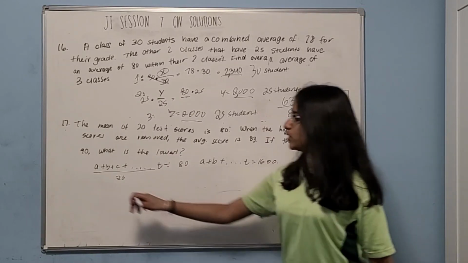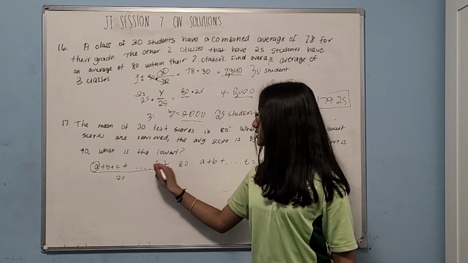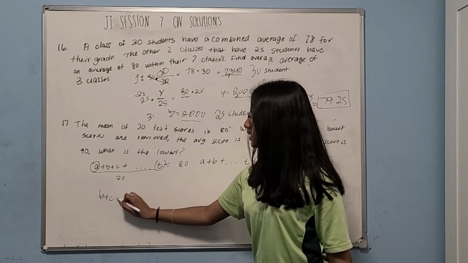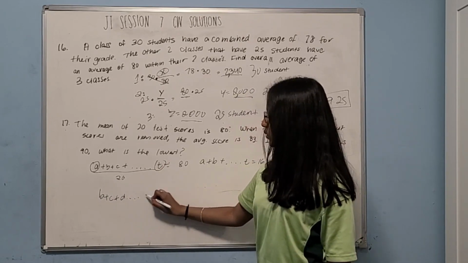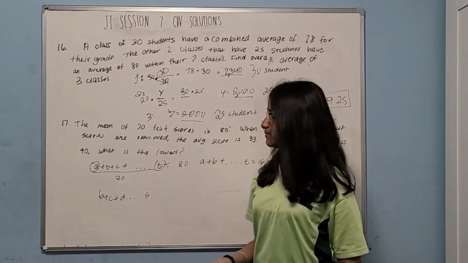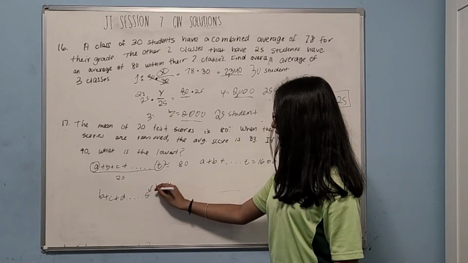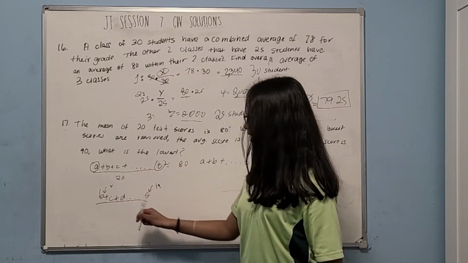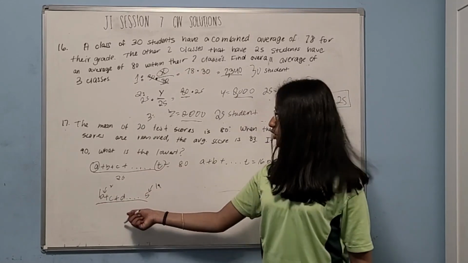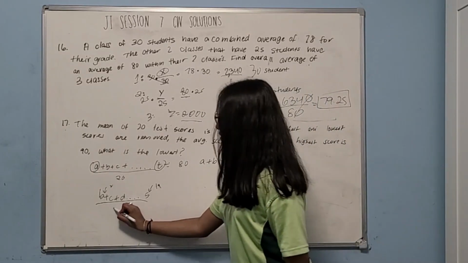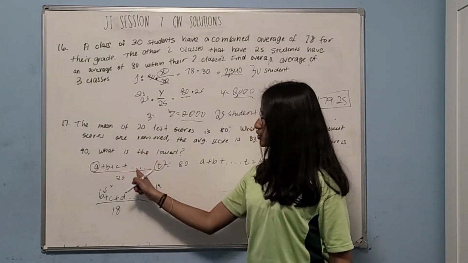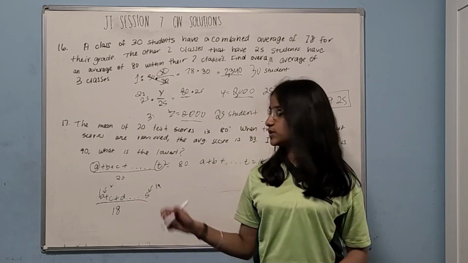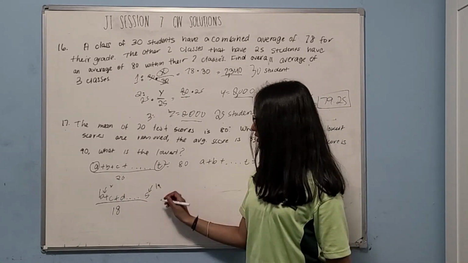We also know that when we remove A and T, so we have B plus C plus D all the way up to S, which is before T, so that would be the 19th letter, and this would be the second letter. And we know that the denominator, which is the number of scores, is going to be 18, since two of those scores from 20 are removed, the first and second, you have 18.